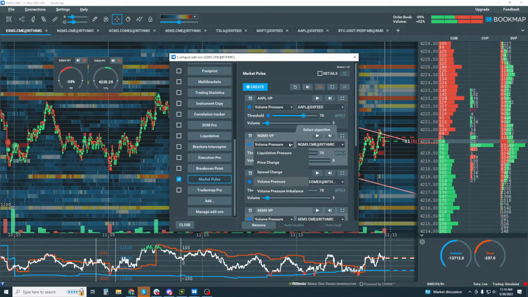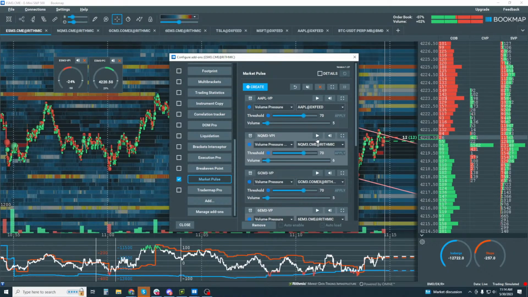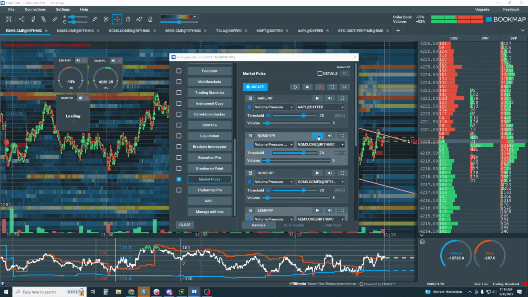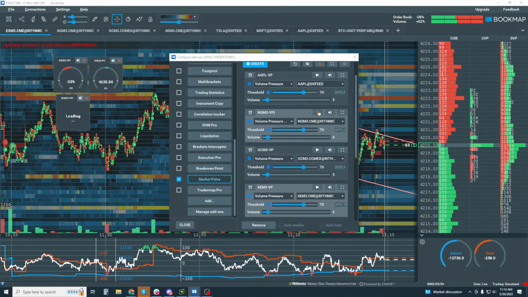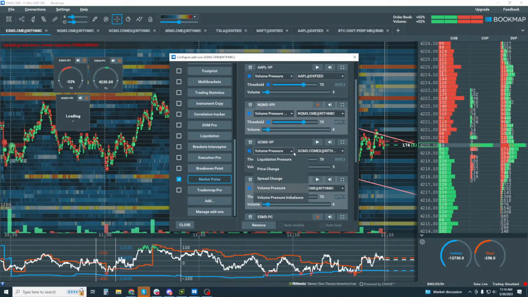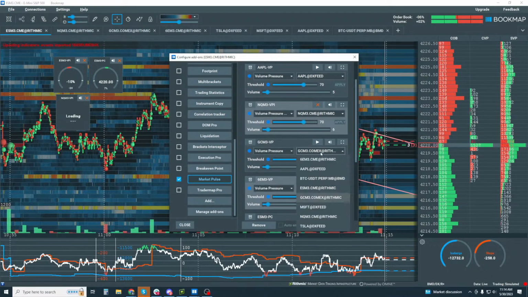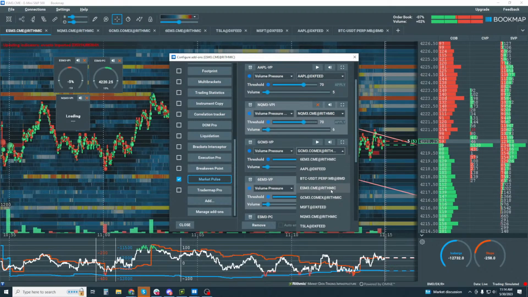So I'm going to look at volume pressure imbalance for NASDAQ. All right, and let's get rid of gold here. We'll look at NASDAQ and price change.